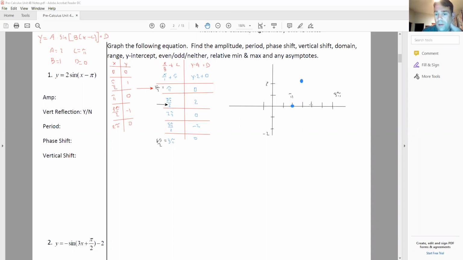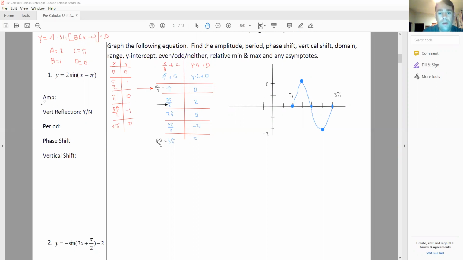So I'm going to put my values on here. If I do this right, I should give myself a very nice looking curve. So I'm going up and down. And again, I'm only graphing its fundamental period.